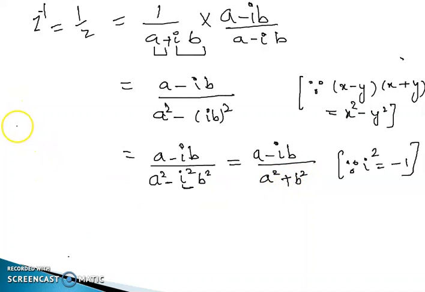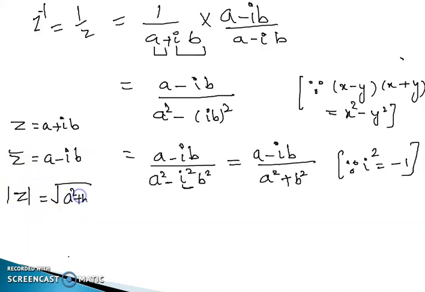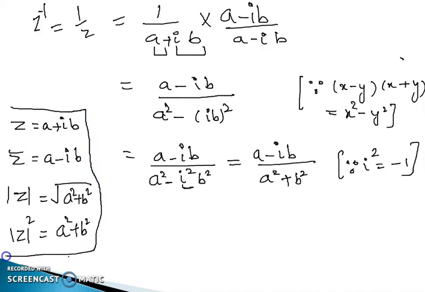Now note that if z is equal to a plus iota b, then what will be z conjugate? It will be a minus iota b. And what is z modulus? It is root of a square plus b square. So what will be the square of z modulus? The square root will be cancelled, so it will be a square plus b square.